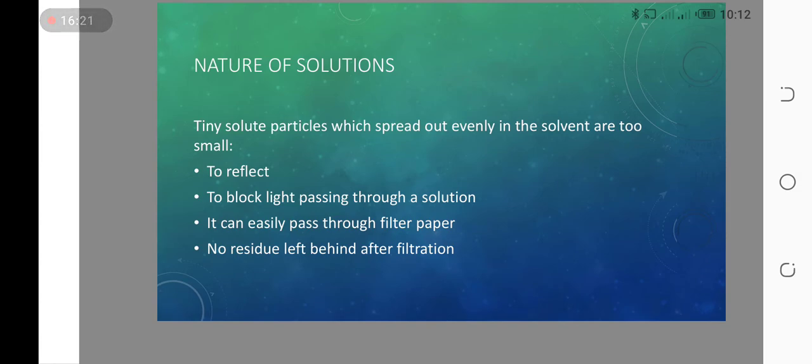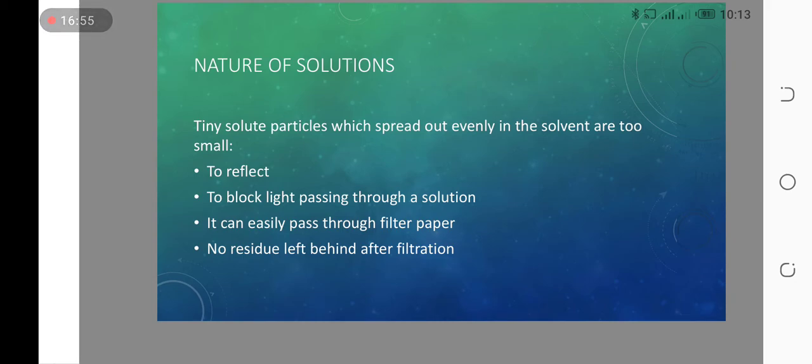So the tiny solute particles are too small to reflect or to block any light passing through the solution. Hence, if we shine a beam of light through a solution, the light will pass through the solution. The solute particles are also small enough to pass through the filter paper.